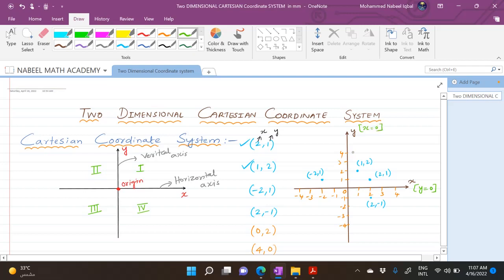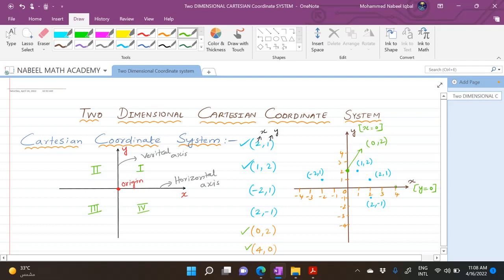So for (0, 2), x value is 0, y value is 2, and this is my point. And the next one has x value 4, y value 0, so it is on the x-axis.